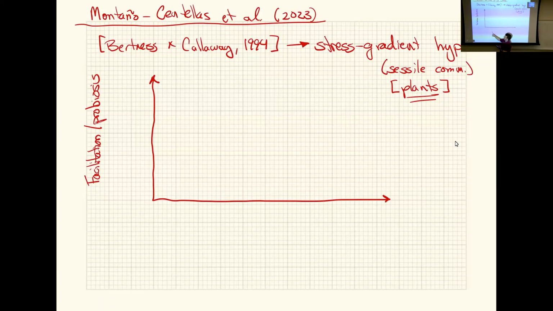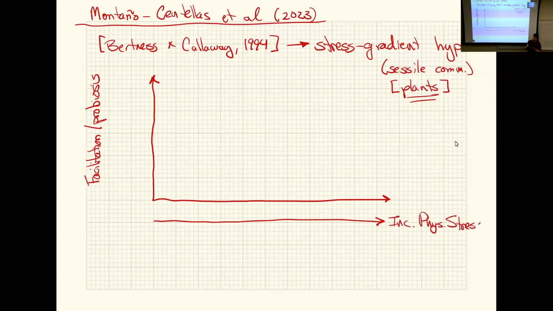But it turns out that there are certain conditions where this does happen. In the desert, we see it a lot. If we have increasing physical stress, you see more of this. Like in the desert, you have nurse plants. Does anybody know what a nurse plant is? Yeah, those groups of cacti that protect the young saplings.